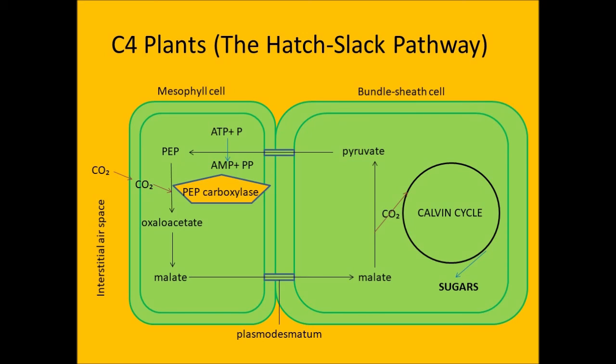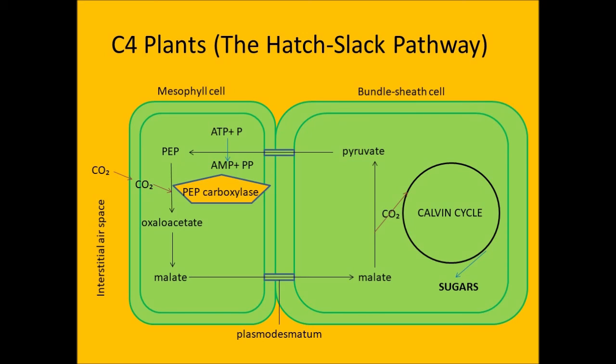These plants fix carbon dioxide to phosphoenolpyruvate molecules, facilitated by the enzyme phosphoenolpyruvate carboxylase, and these make oxaloacetate, which is in turn converted to malate.